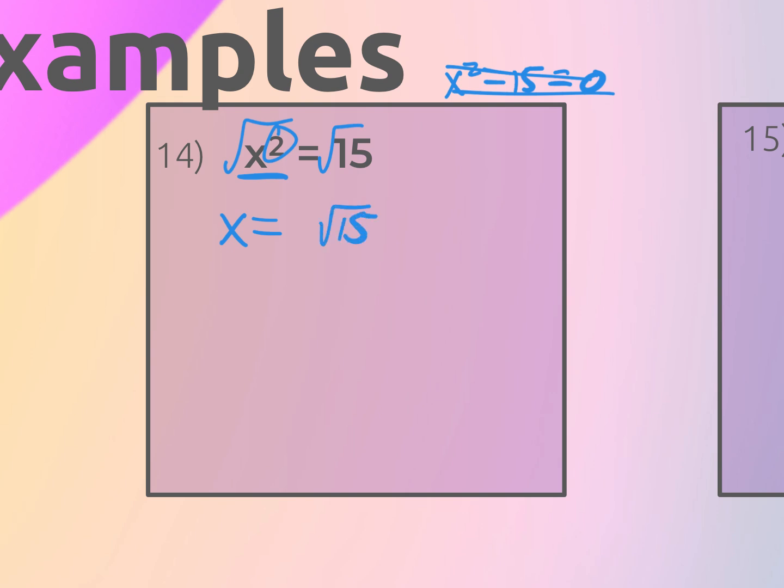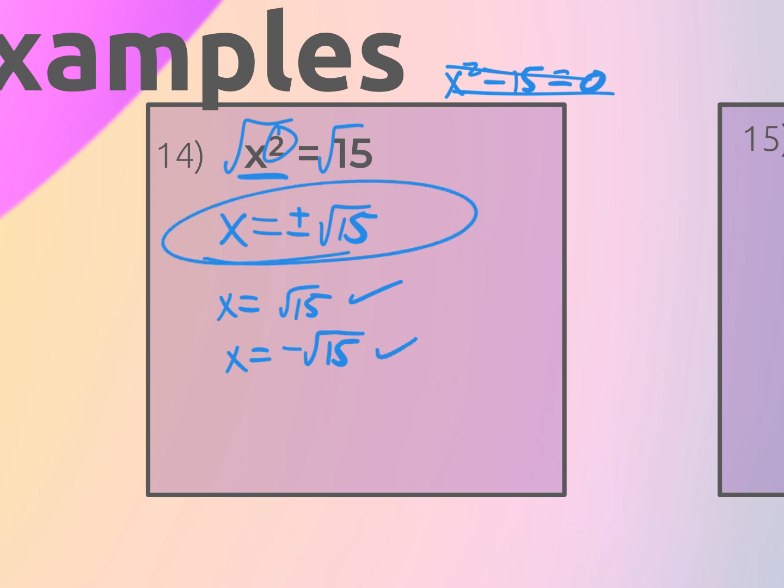But we can't leave it alone like this. Remember, we need to include the plus or minus. This just means we get two solutions. x equals positive square root of 15 and x equals negative square root of 15. So we get two solutions here, 1 and 2. But we can account for both of them just by writing it like this. You can write it twice if you want, but plus or minus is enough.